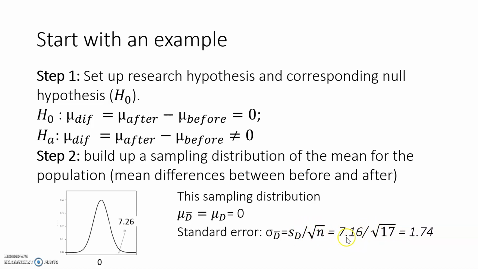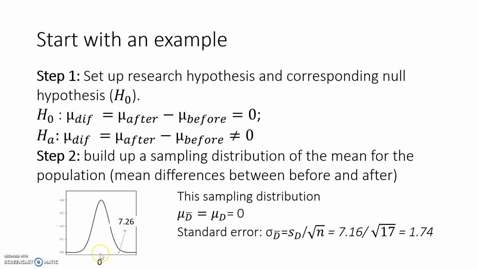So we plug in the numbers, our sample's SD is 7.16 over the square root of 17. 17 is our sample size, and this gives us the standard error being 1.74.